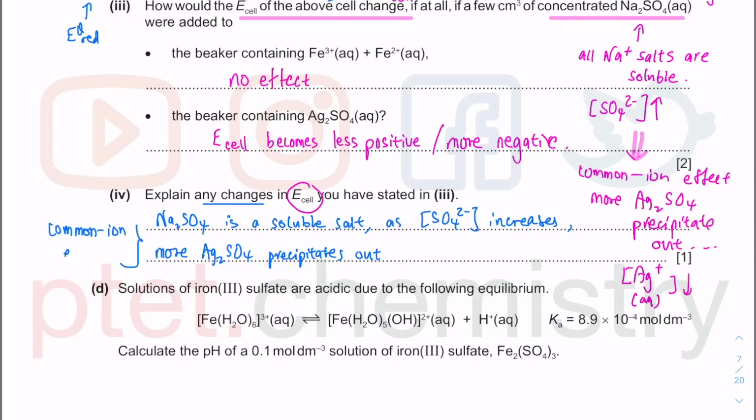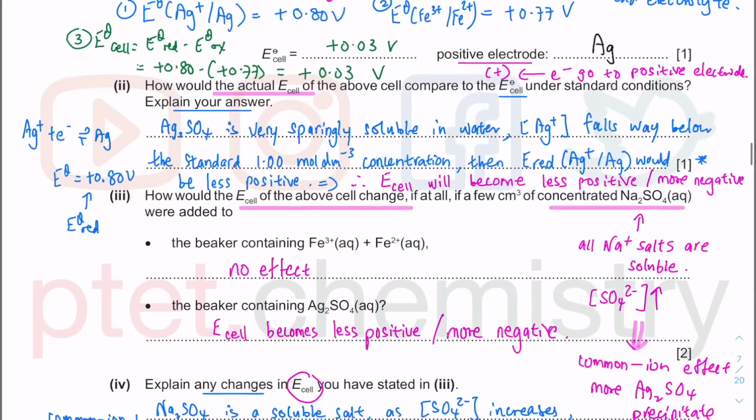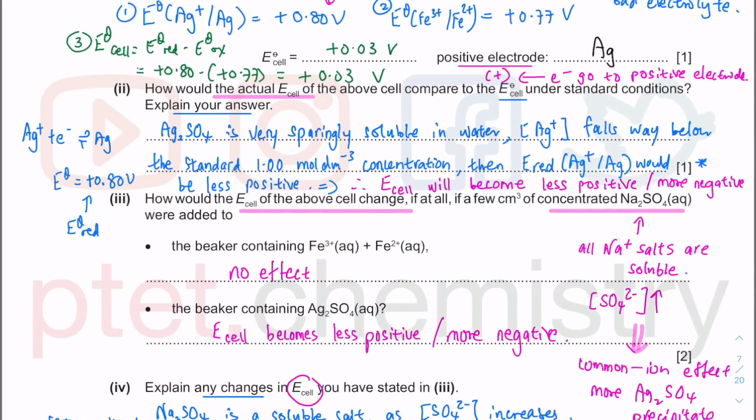And if more Ag2SO4 precipitates out, this is actually the common ion effect. Stating the effect without explaining it is not going to get you the marks. So more Ag2SO4 precipitates out, Ag plus concentration decreases. So the E-red, which is for the Ag plus and Ag, just like how we explained for the previous bit of the question, is going to shift to the left in order to try and increase the concentration of Ag plus.